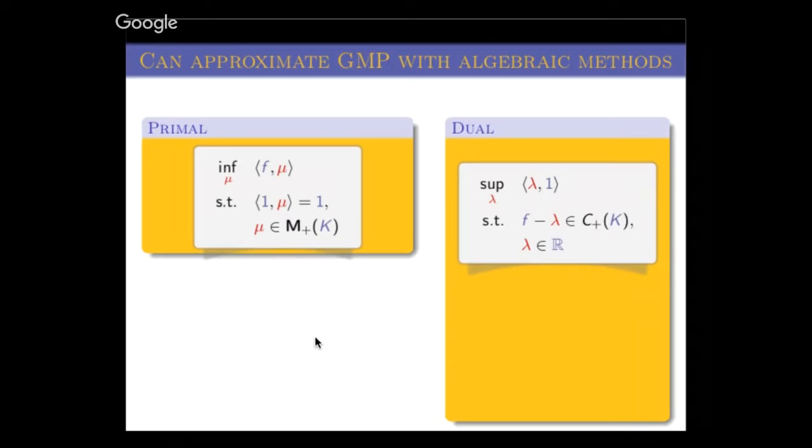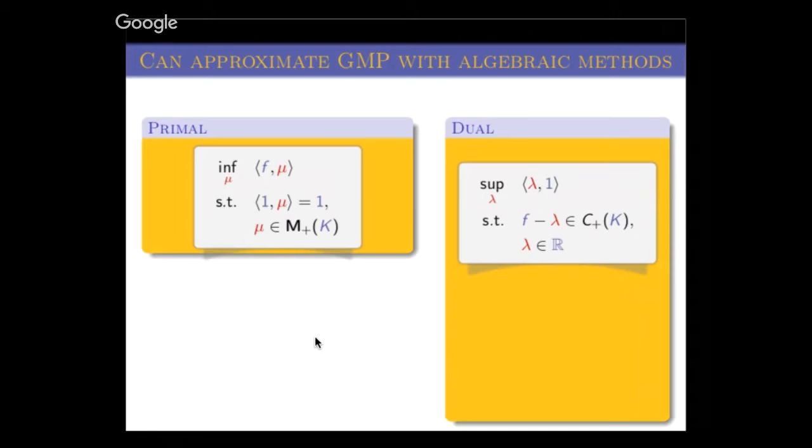But okay, so this is the dual. You want to maximize some parameter lambda, such that f minus lambda is a non-negative function. It's very intuitive. You think of your nonlinear function, you want to push a lower bound from below. And here now, f is a polynomial, so f minus lambda is a polynomial.